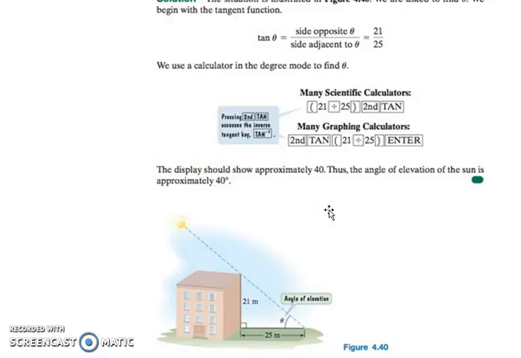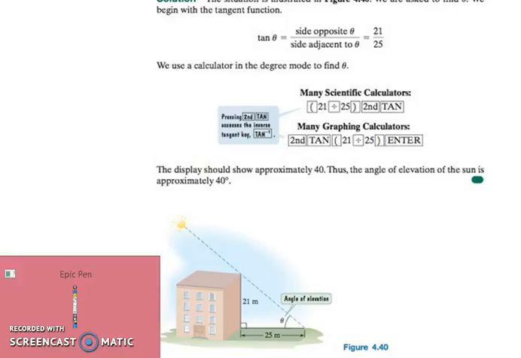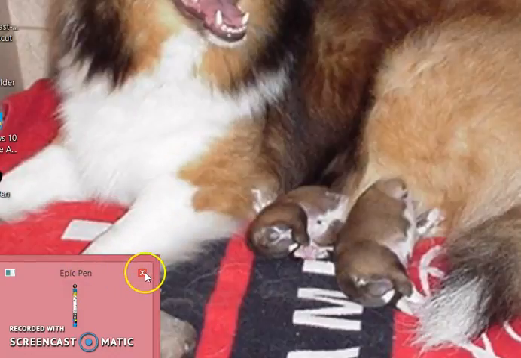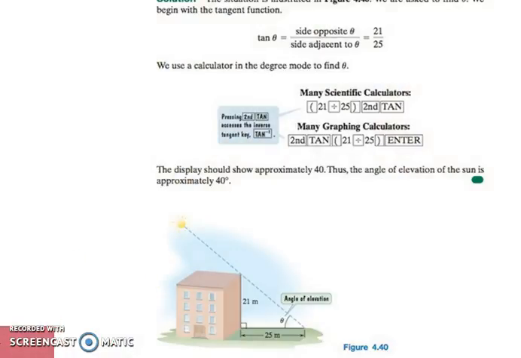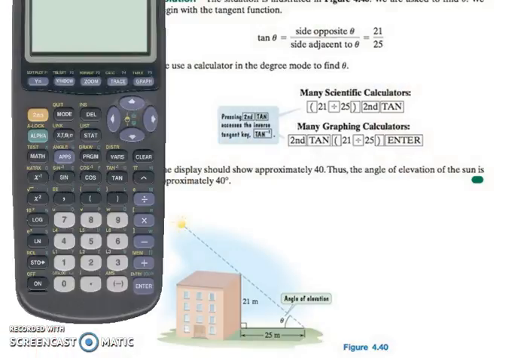Now, the catch to this one is we can't just use tangent, because we don't have something to take the tangent of. Let me get the calculator up here, sorry.